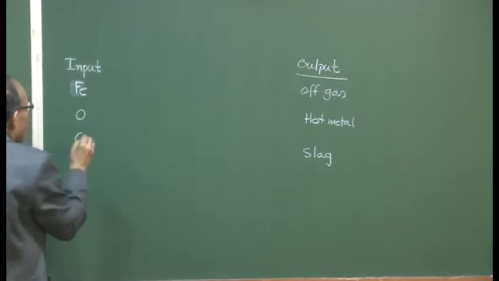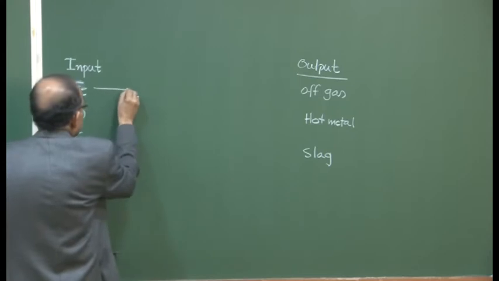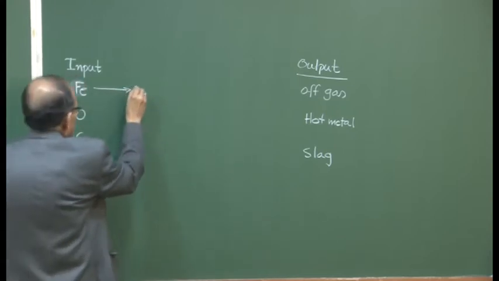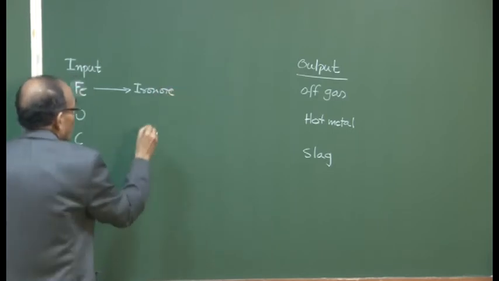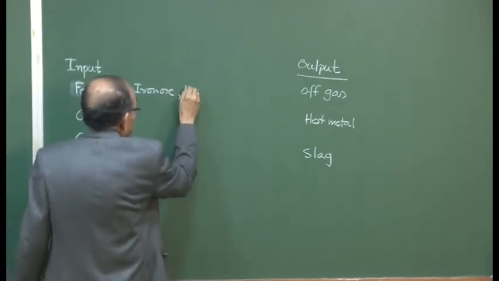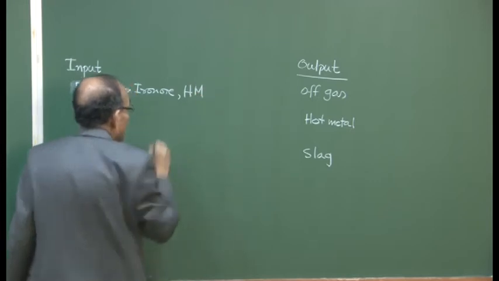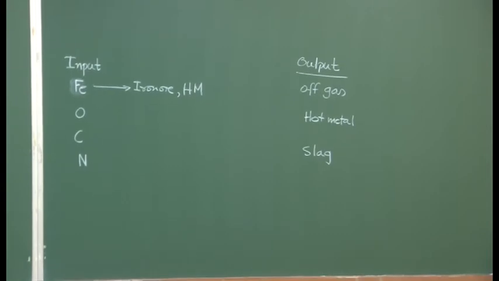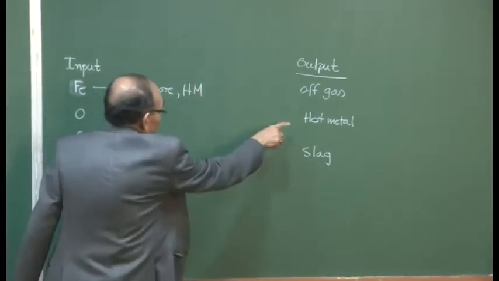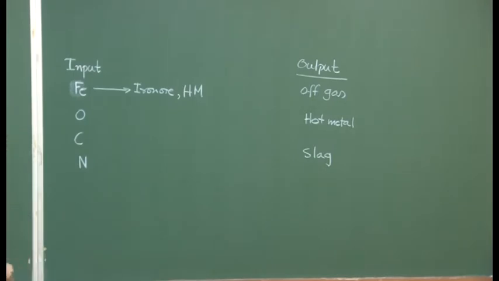In this input, iron is present where? In iron ore. Where is it present else? It is present in hot metal. And we know that the slag will contain no iron per se. So, iron basically will go to hot metal itself.